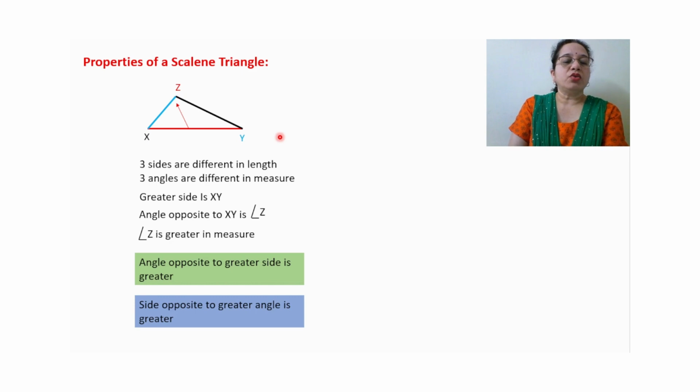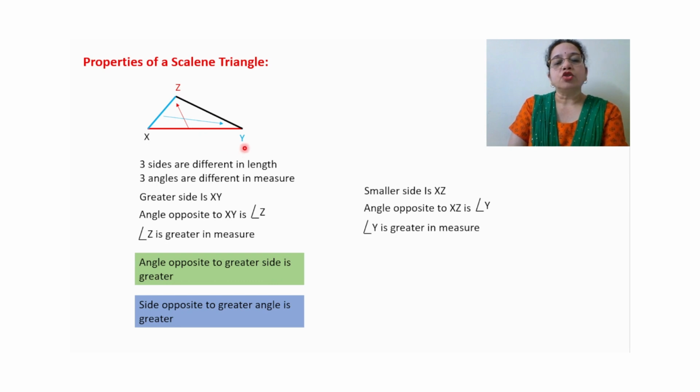Now similarly you can see that the side opposite to the greater angle is also greater. Now which side is smaller here? XZ is the smaller side. So the angle opposite to XZ is Y. So Y will be smaller in measure. This is not greater, actually Y will be smaller.